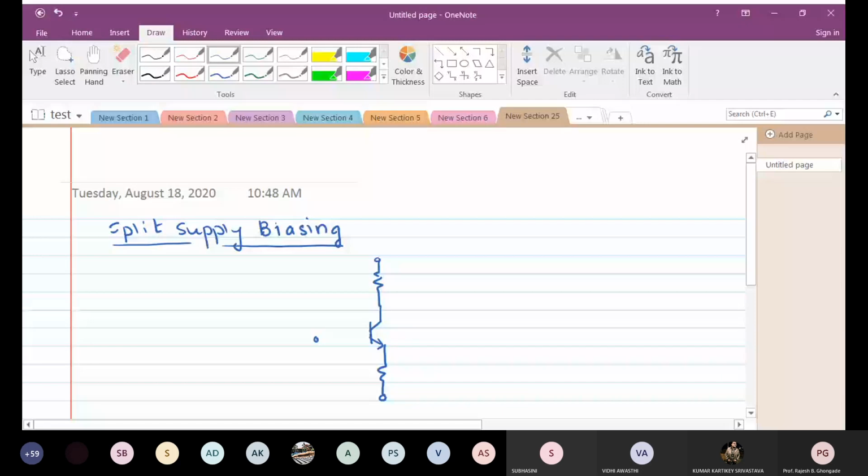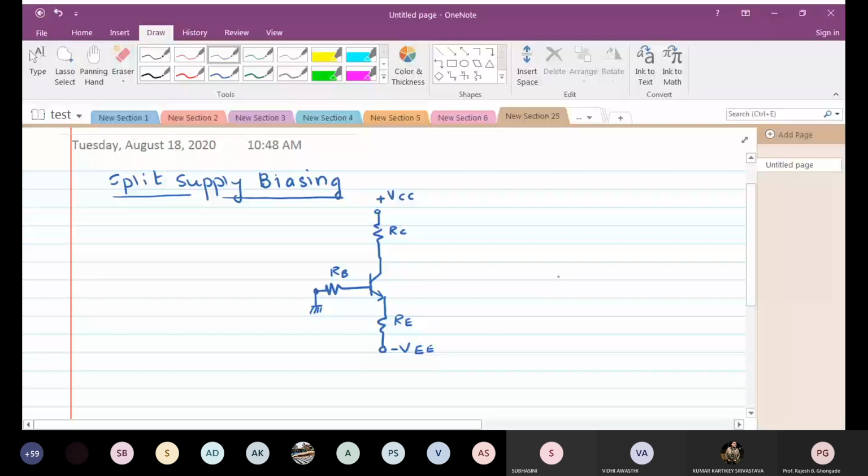This is interesting. So this is going to be your plus VCC, and this over here is called minus VEE. This is going to be your RE. This is going to be your RC. This is RB. Anything strange here?